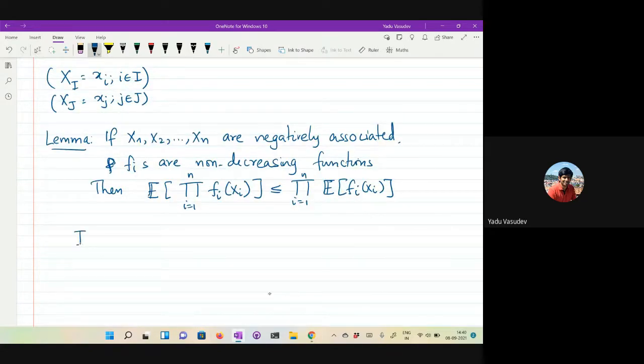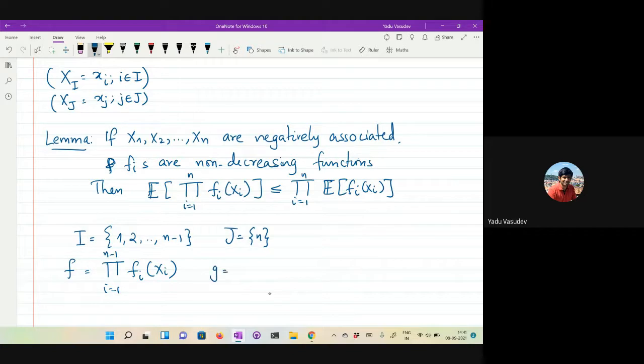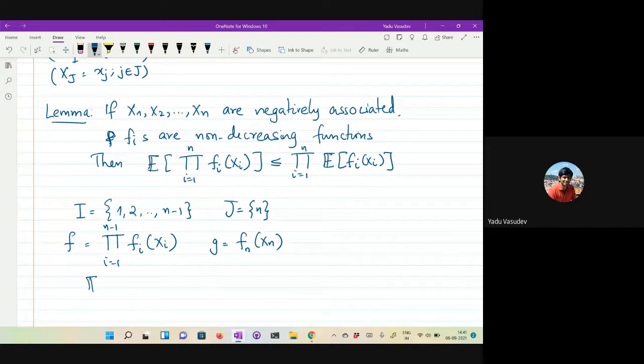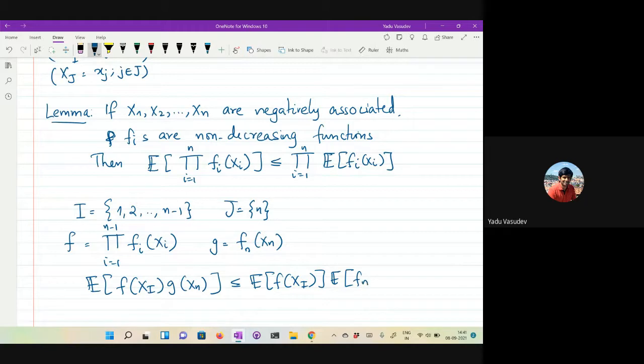You can take I to be 1, 2 up till n minus 1, J to be the set {n}, and you take the function f, which is the product of fi of xi, i equal to 1 to n minus 1, and g to be the function fn of xn. Then the expectation of f of xI times g of xn is at most the expectation of f of xI times the expectation of fn of xn.